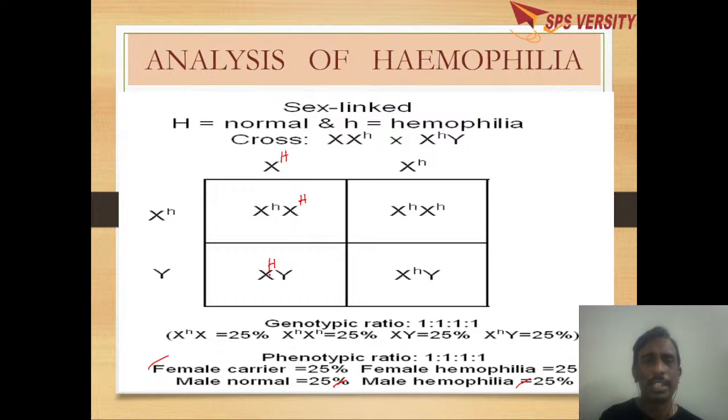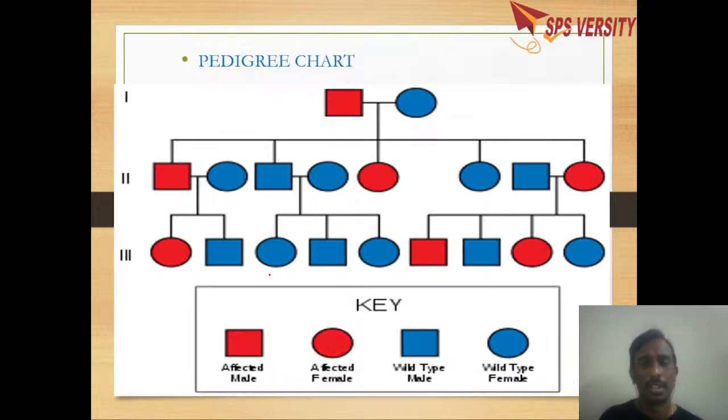So this is the analysis of hemophilia. You can see here the pedigree chart. So this is the affected one, that is, the male is affected. The male is affected means you can write the genotype. Female is unaffected. So they have 2 sons and 2 daughters.